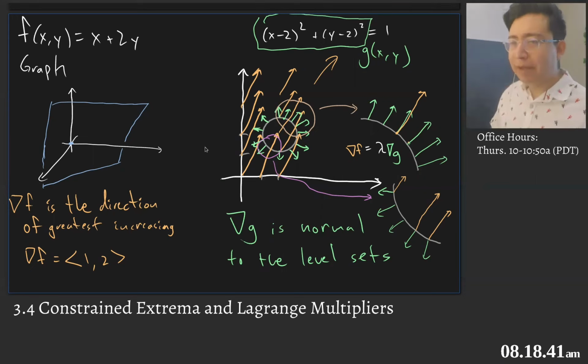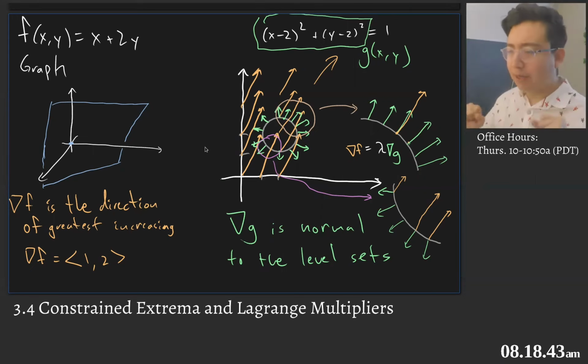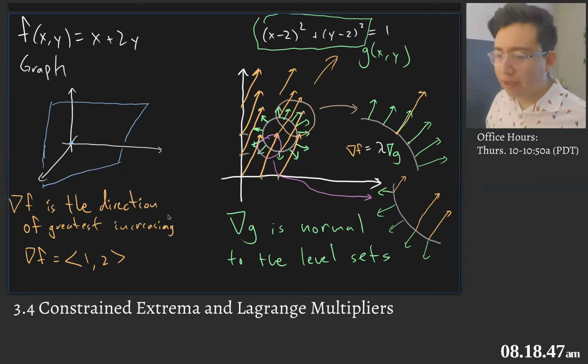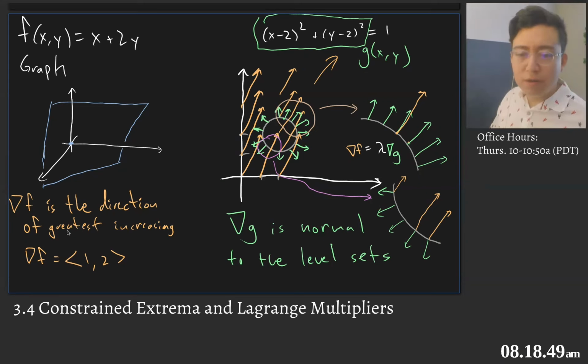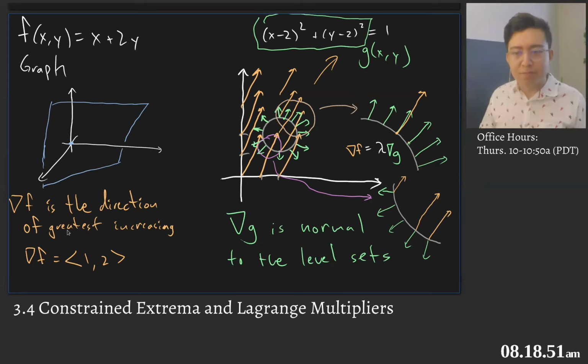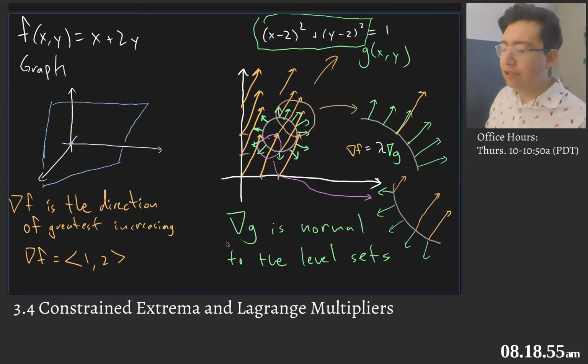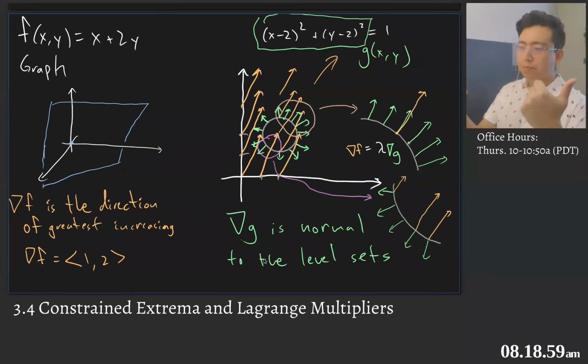So this is the picture I have in my mind for remembering why the Lagrange multipliers work, right? This is telling us where to go to get f as big as possible at a given point. And G is telling us, this is my normal direction. This is normal to the constraint.